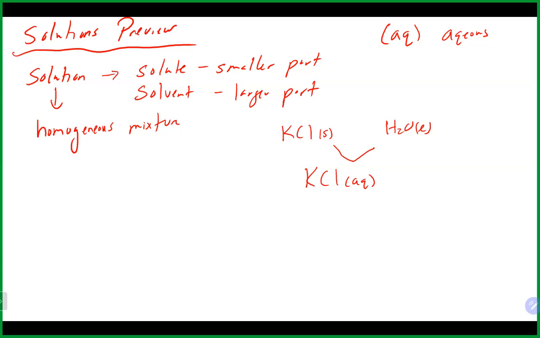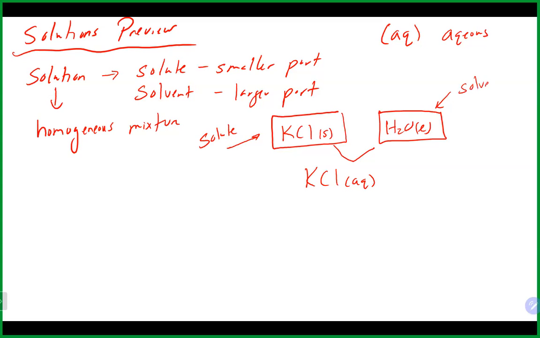In this particular case, the potassium chloride, which is our solid we're dissolving, would be the solute. And the water in this case, which would be the larger part, would be the solvent. So solute's always the smaller part of the solution. Solvent's always the larger part.